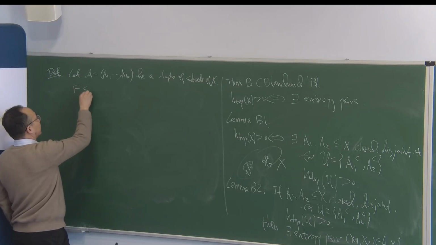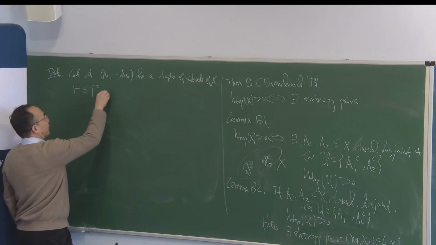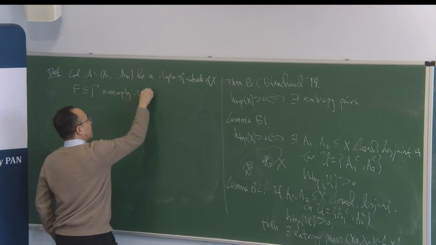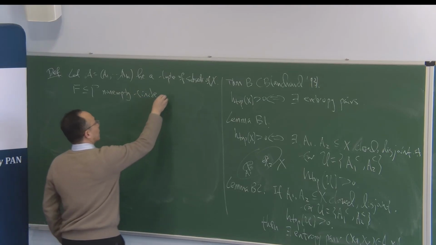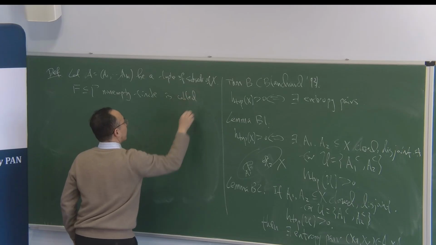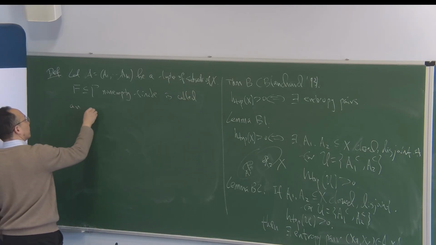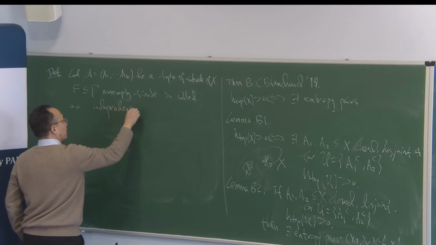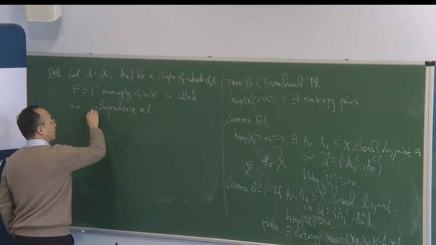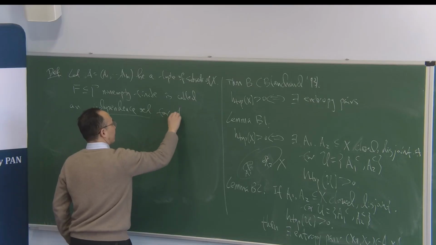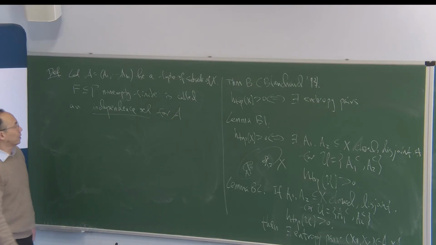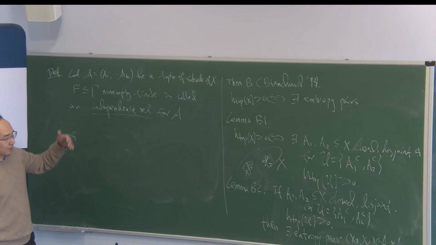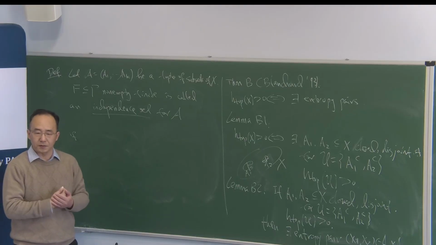Now, if you have a non-empty finite subset F of the group, this is called an independence set for A if what you get is basically a situation like the full shift.